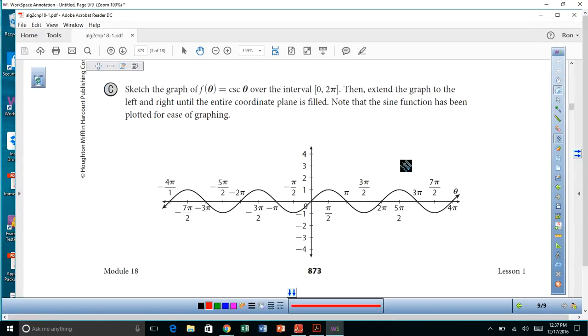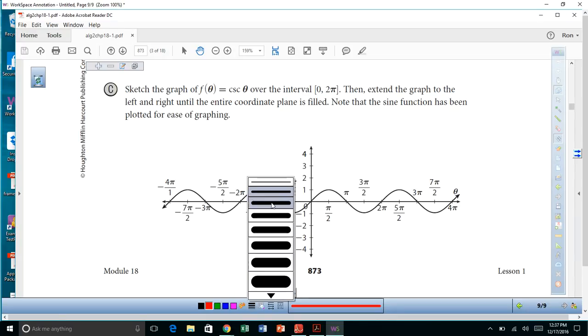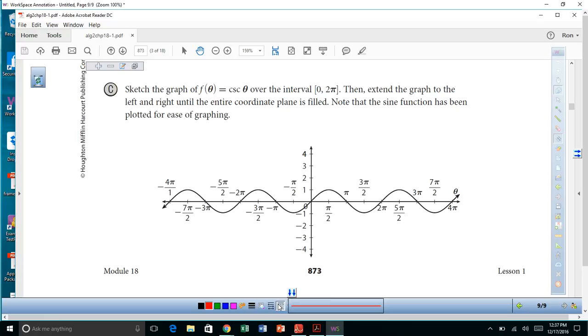So if I'm going to graph the cosecant, I always plot the sine first and then use the sine, with a light pencil so I can easily erase.